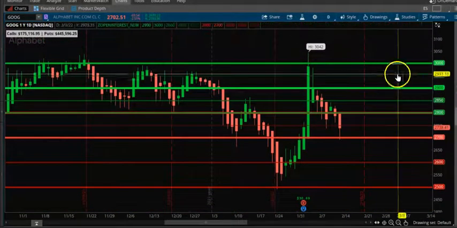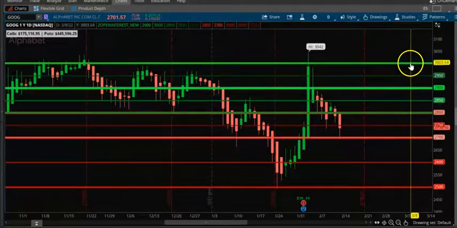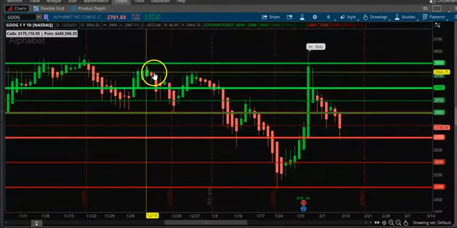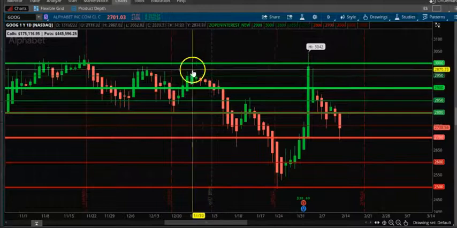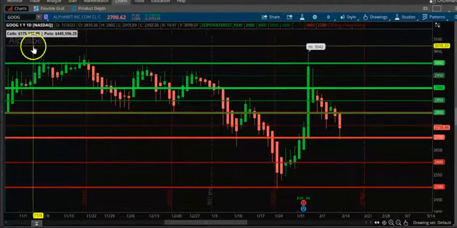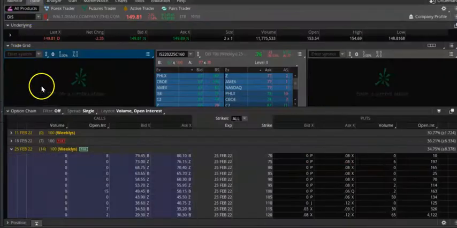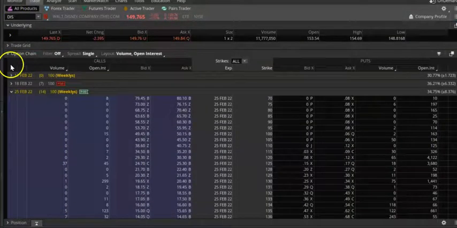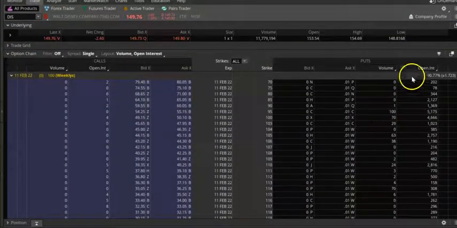You have to update this script every day. I'm going to put the website link at the bottom of the video. This indicator will update the open interest. Let's say, for example, 3,000. You could go to trade and go to 3,000 here.